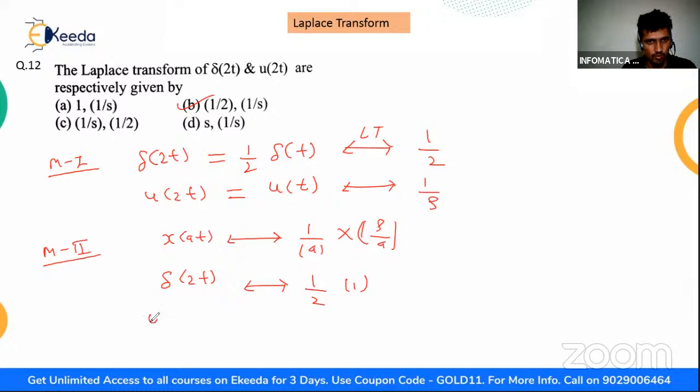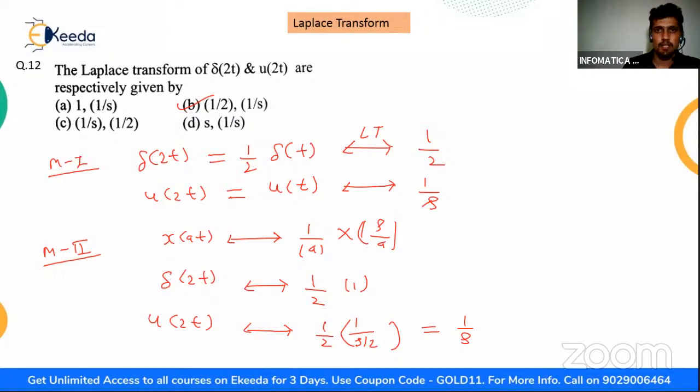Similarly, for u of 2t, it is 1/2 and the Laplace transform of u(t), which is 1/s, and you have to replace s by s/2. Replace s by s/a. So again, you will get 1/s. So the final answer will be 1/2 and 1/s.